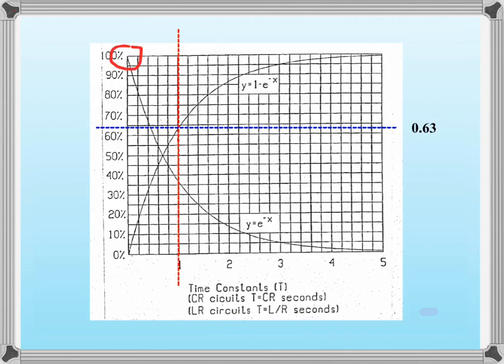All right, so this curve here is the capacitor charging. This curve here is the resistor voltage, and it's also the resistor current.